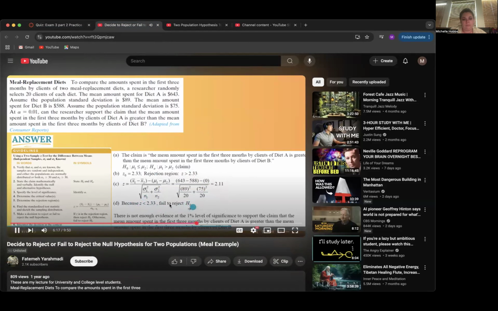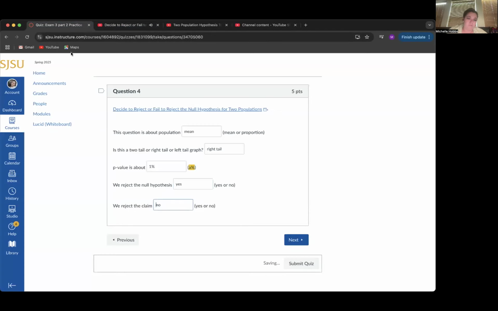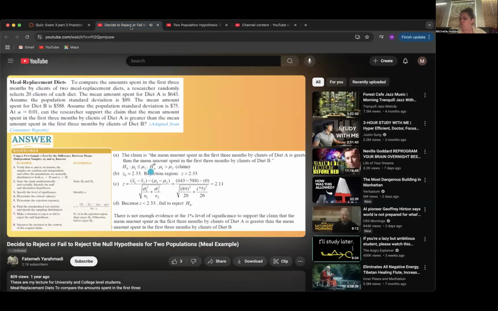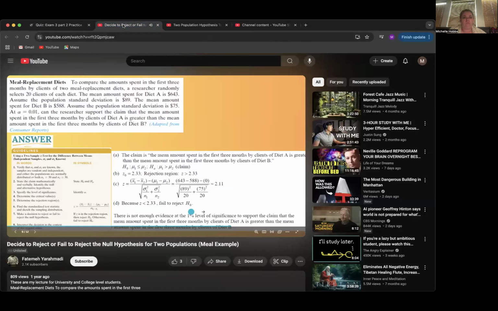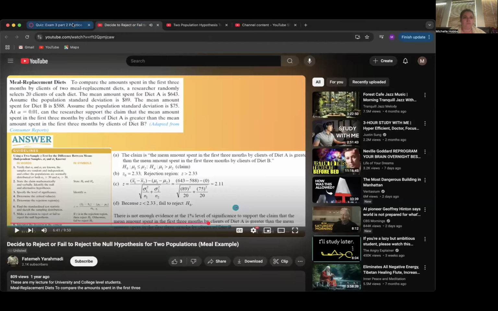So you say that we fail to reject the null hypothesis. When you fail to reject the null hypothesis, it means that you support the null hypothesis. So when you support the null hypothesis, you're going to reject the claim. Why? Because the claim and the alternative hypothesis are the same thing. There is not enough evidence at the 1% level of significance.